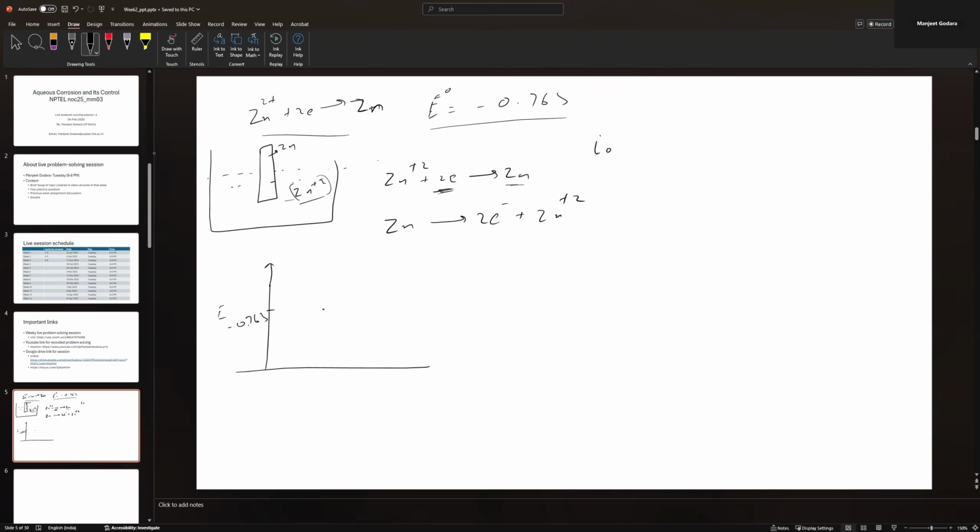So at minus 0.763, you have some current density. We call it I naught. This I naught is the same for Zn2+ to Zn and for Zn to Zn2+.